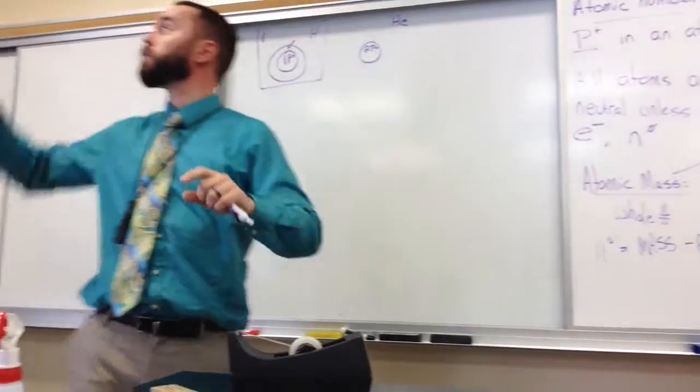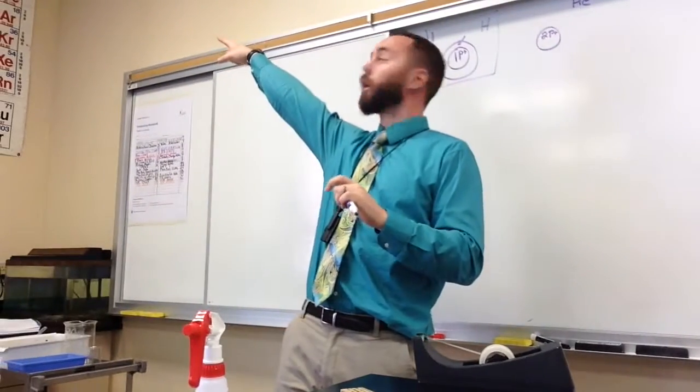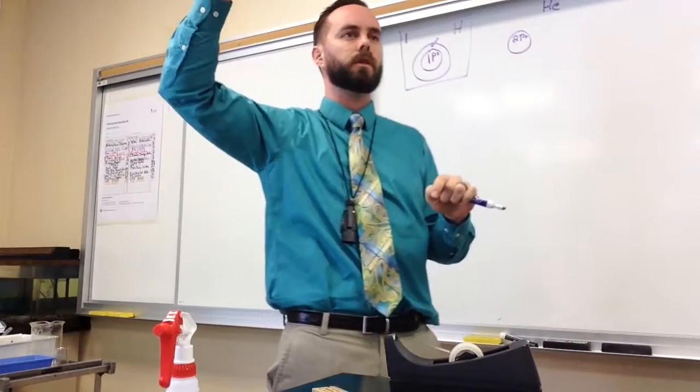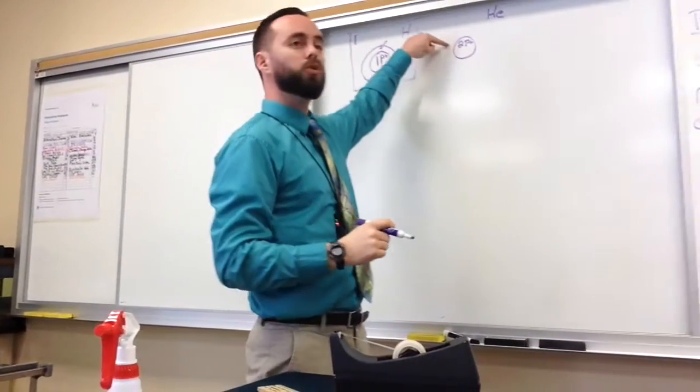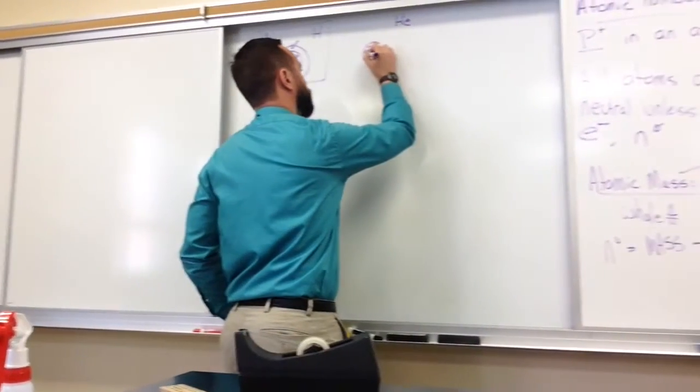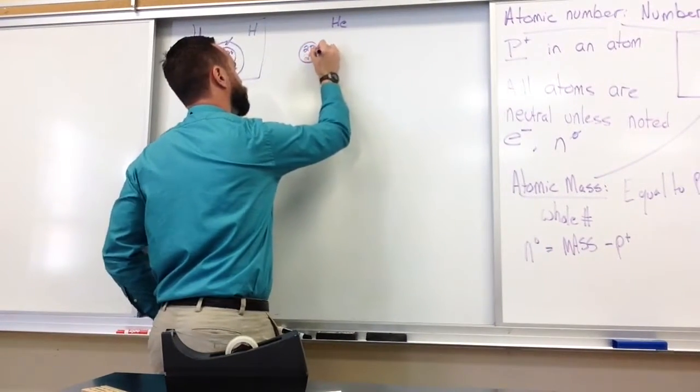Very good. So for our purposes, we're going to round off that number up there. So 4.0026 rounds to 4. So 2 plus something has to get you 4. 2. That would mean it's got 2 neutrons like that.